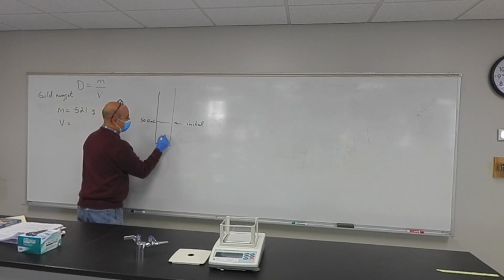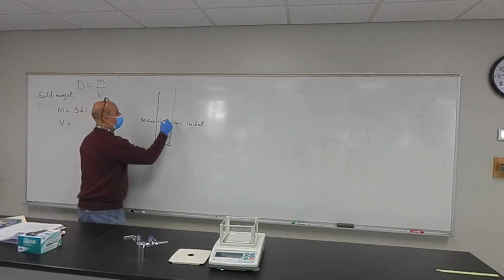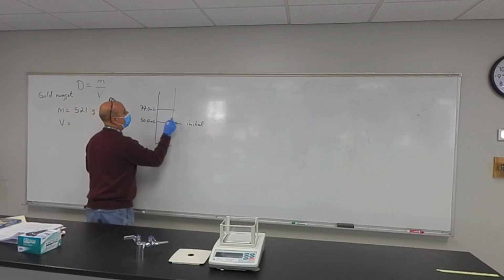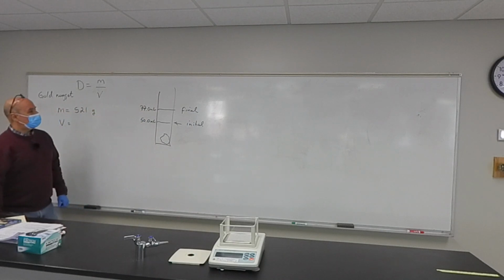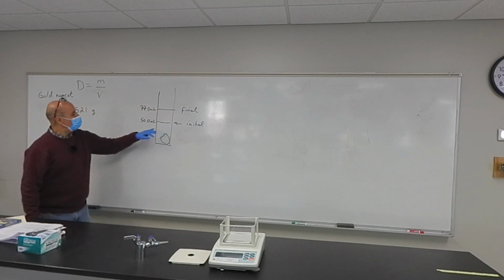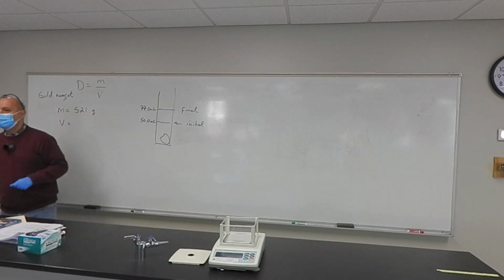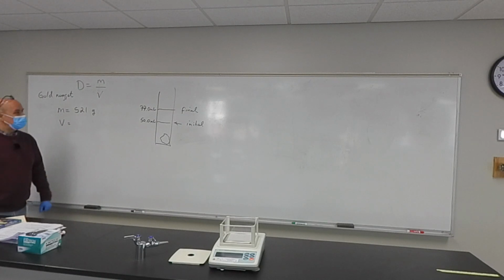Then you drop the gold nugget with an odd shape. The level of the water goes up to 77.0 milliliters. I'm going to call the 50 the initial and the 77 the final. What's the volume of the gold nugget? We subtract 50 from 77, right?